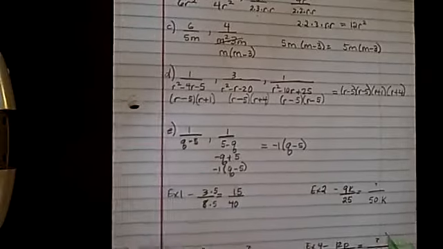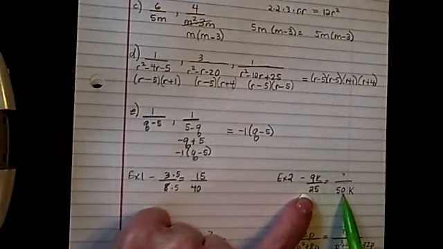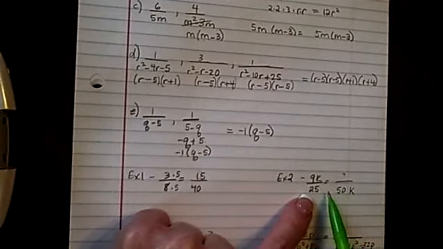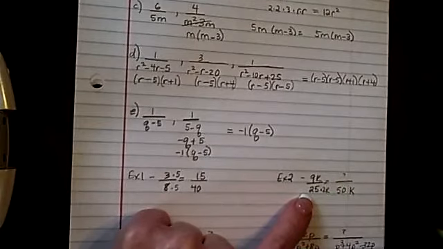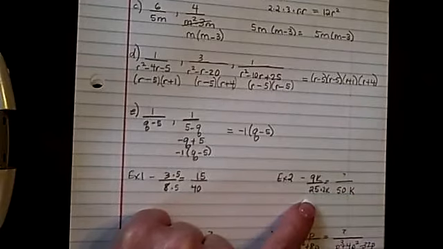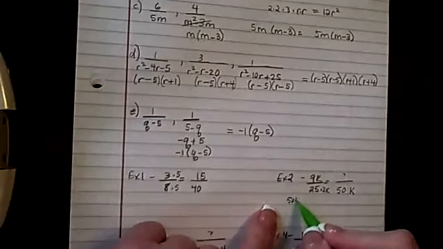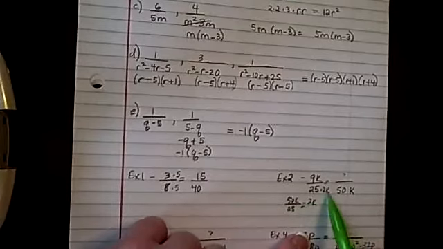So let's look over here at this example 2. I have 25 and I need to get 50k. So what do I have to multiply 25 by to get 50? I have to multiply it by 2, right? And then I also have to multiply it by k. So I multiply this by 2k. Really, how I found that was taking 50k divided by 25, and that's where I get that 2k.